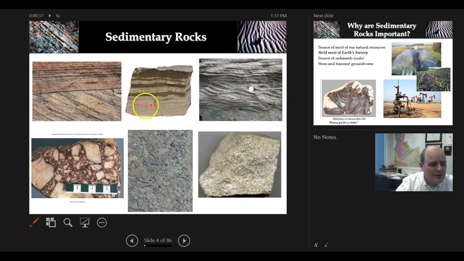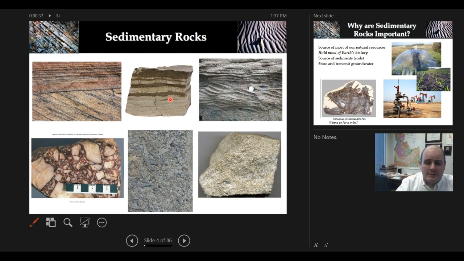You look at this one here, you can see the layers throughout this rock. Those rock layers tell us that the sediments were deposited in some kind of a fluid, most likely water, but it can also happen in sand dunes as well, where the fluid is the air, as the sand is moving through the air, right? So this can tell us that this rock was probably deposited in a lake, because the fine-grained material within it would also give us indications of that.